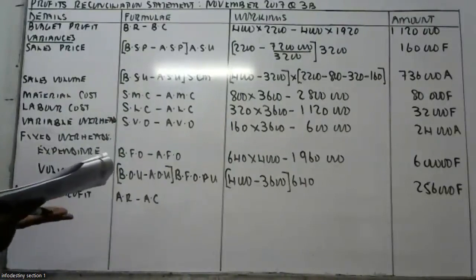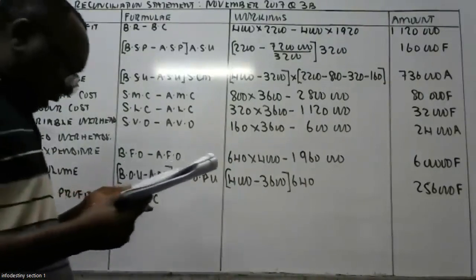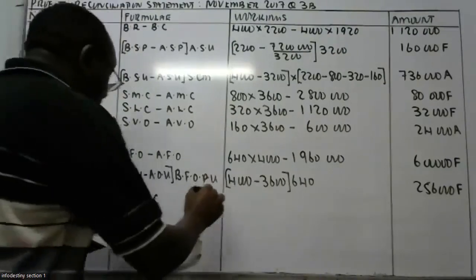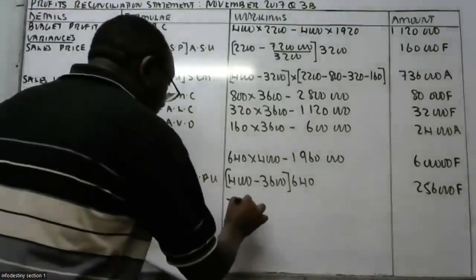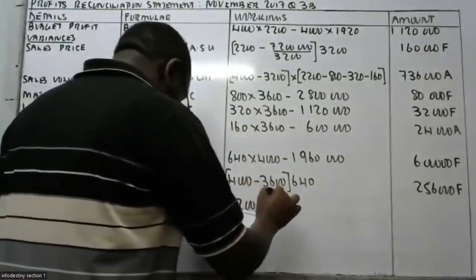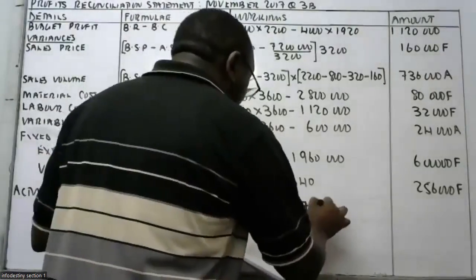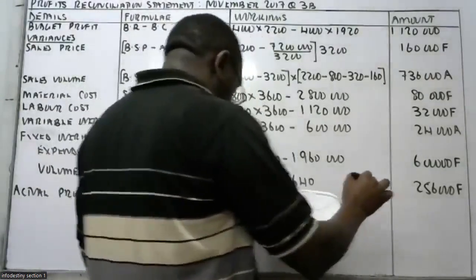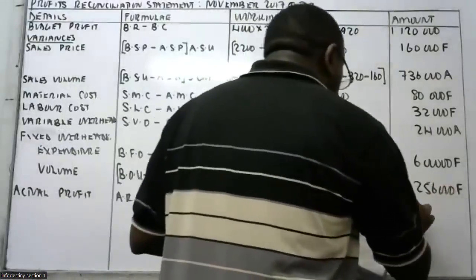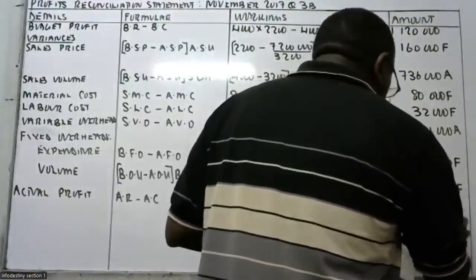So this one they have done it, so we don't need to compute, we can see it there. Or maybe I can put it for record purposes. 7,200,000. The cost of sales is 5,712,000. So that the actual profit is 1,488,000.